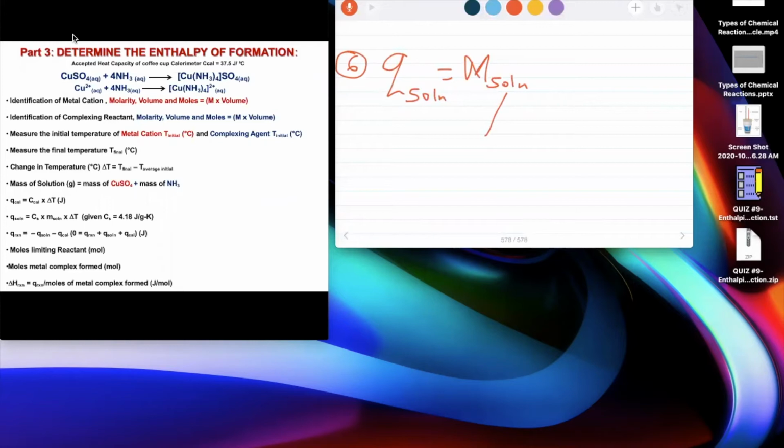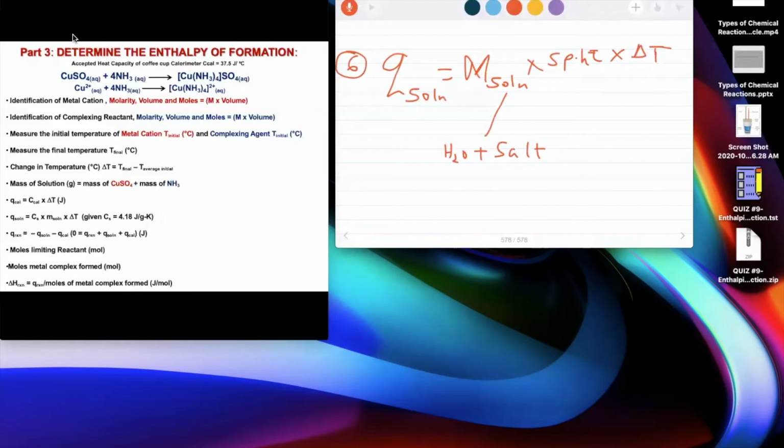And remember, this is H2O plus the salt. You have to find the mass of the solution times the specific heat of our solution times the change in temperature. Change in temperature, this is in degrees Celsius.